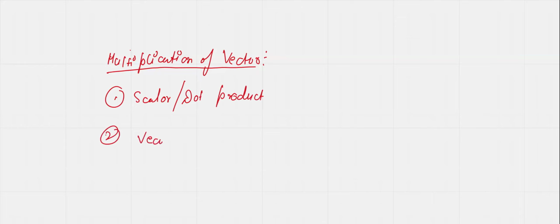So what does this mean? When I say I'm going into the multiplication of vectors, we have two methods. One is scalar, also known as dot product. The second is vector, which is known as cross product. Either words can be used.